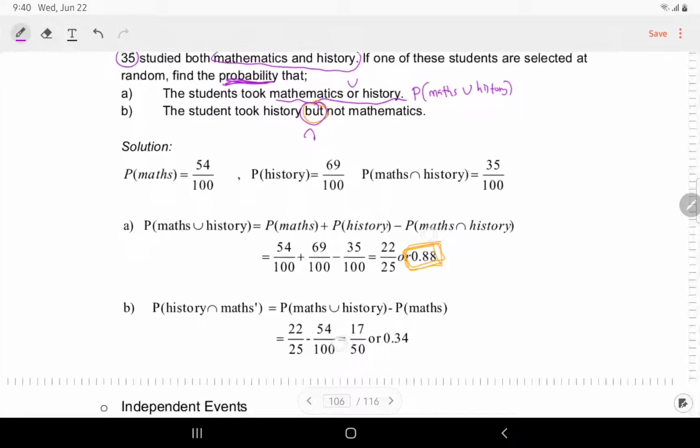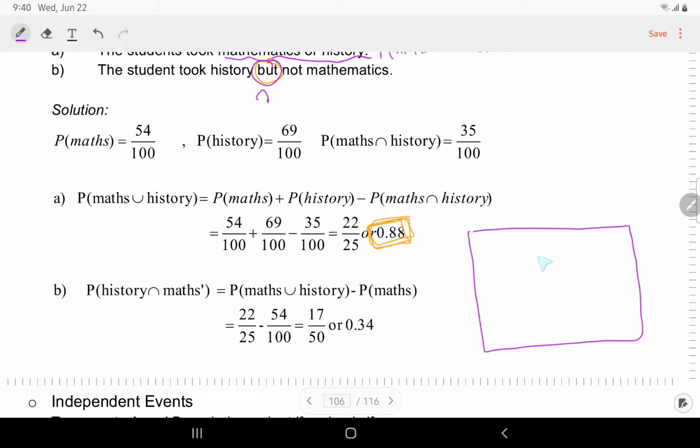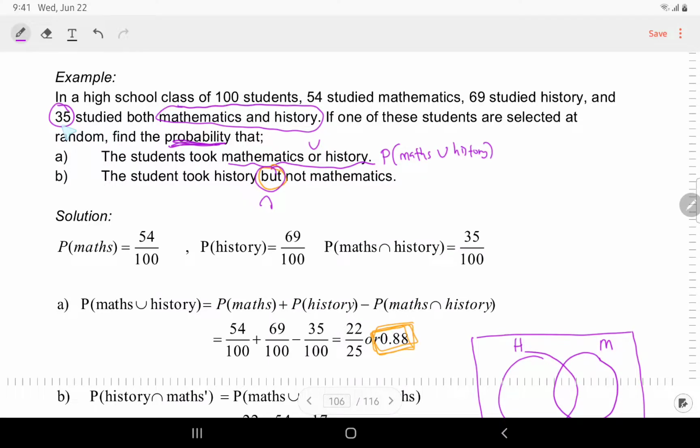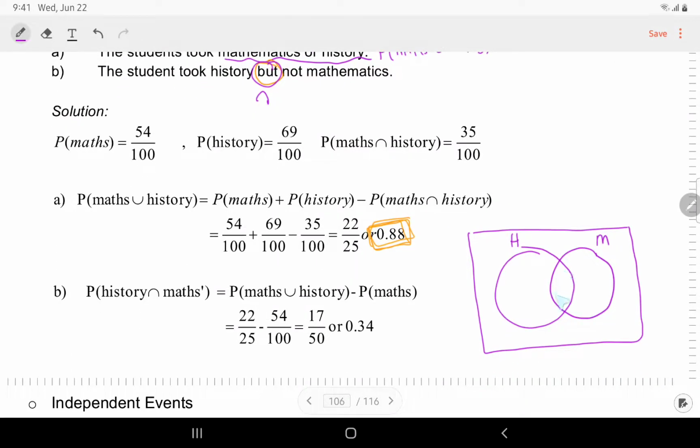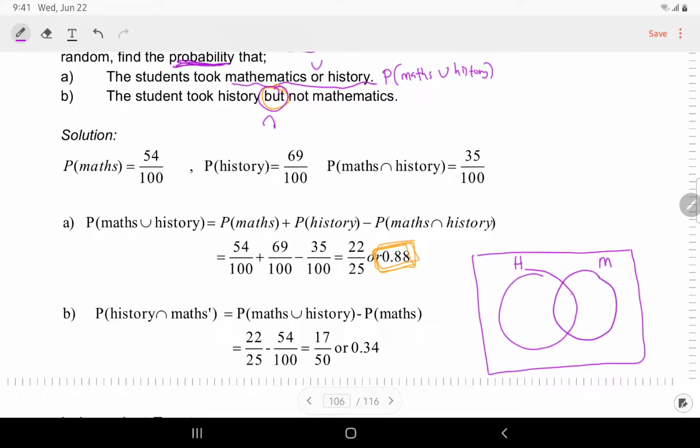Okay, kalau you bayangkan kita ada Venn diagram kat sini. So this is the set for history and this is the set for maths. Okay, history dengan maths dia ada overlapping dekat sini sebab ada 35 students study maths and history. So 35 students adalah termasuk dekat sini, overlapping part. Okay, kita back to this question.